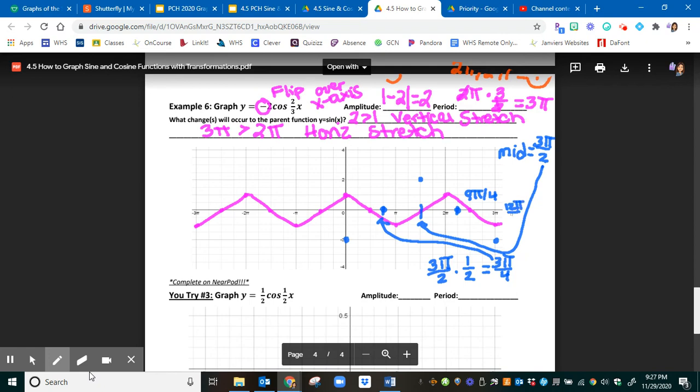So I know I did it correctly because I'm just adding fractions the whole time and reducing. You can see it's elongated vertically. It's a horizontal stretch because it goes past the 2 pi, and I flipped it over the x-axis. On the other side, I'm just going to count 1, 2, 3 and make my values the same.